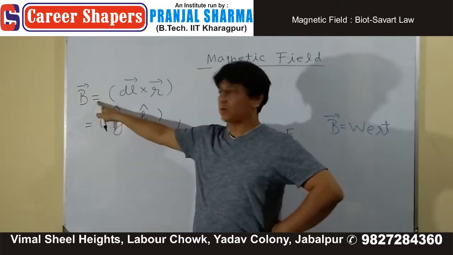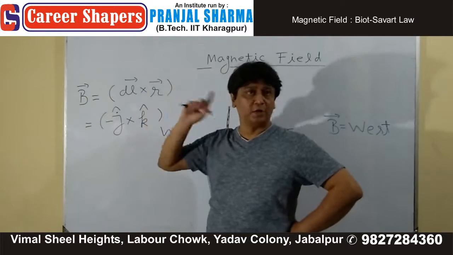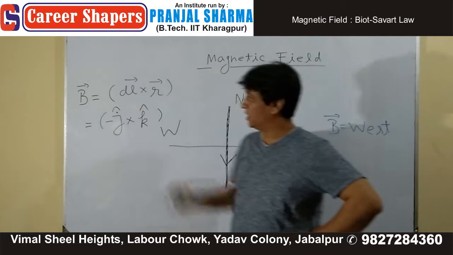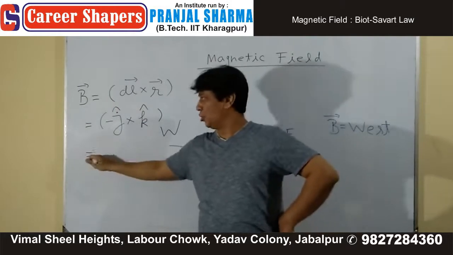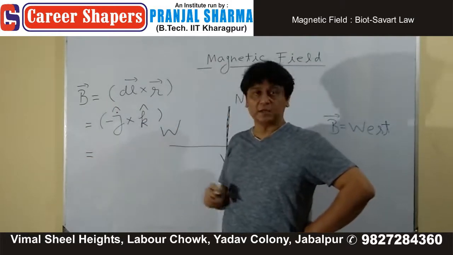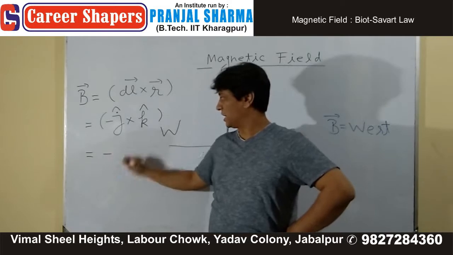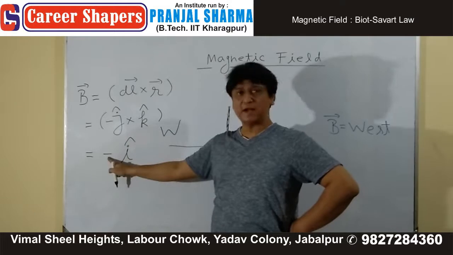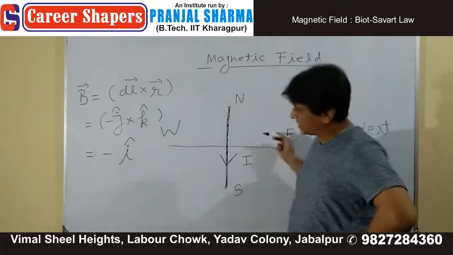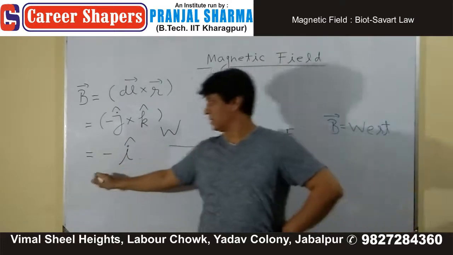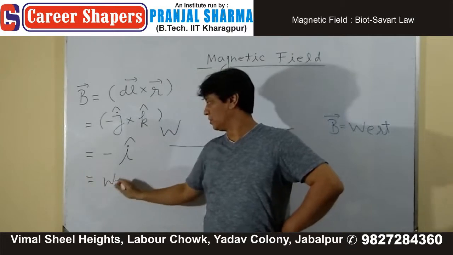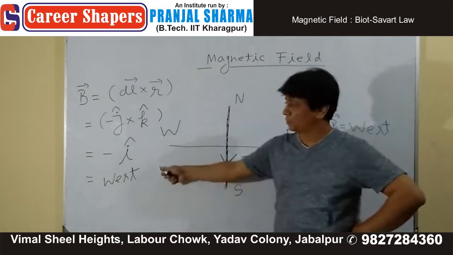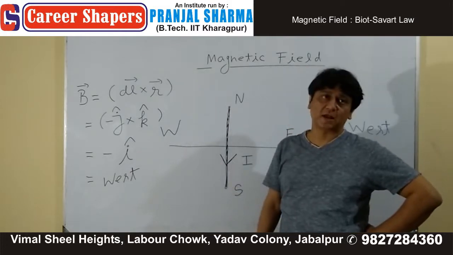Remember, the equal sign is not for magnitude, it's being used for direction only. Now I hope you know what j cross k is. j cross k is i cap, and you have a minus i. What is this? Minus i, and therefore cross product also helps you in finding the direction part.